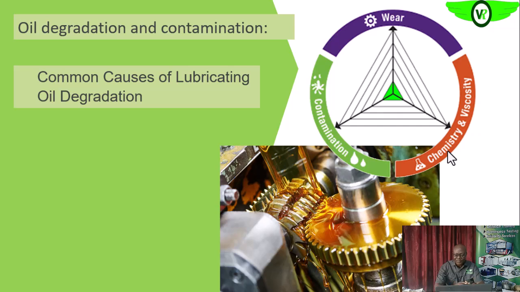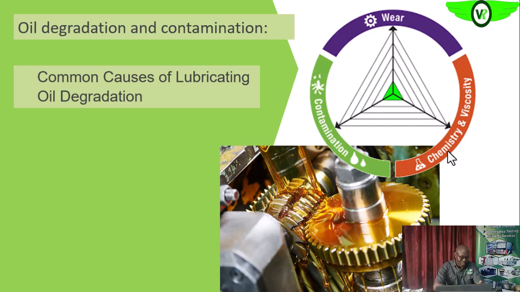That will mean that the oil will no longer have those antioxidation properties on the meshing parts, which means that the possibility of oxidation happening within the parts of the equipment will be there.